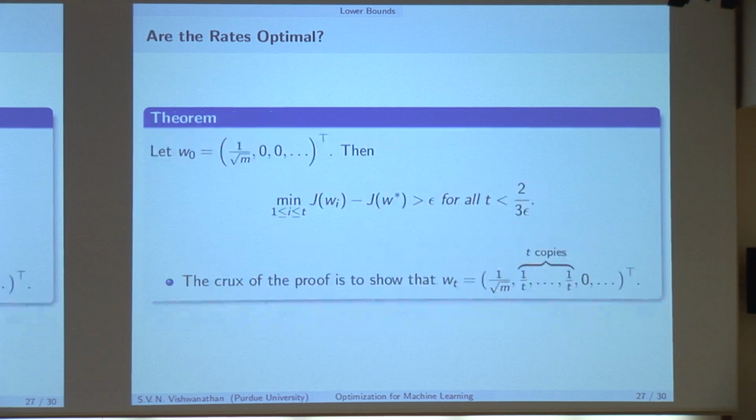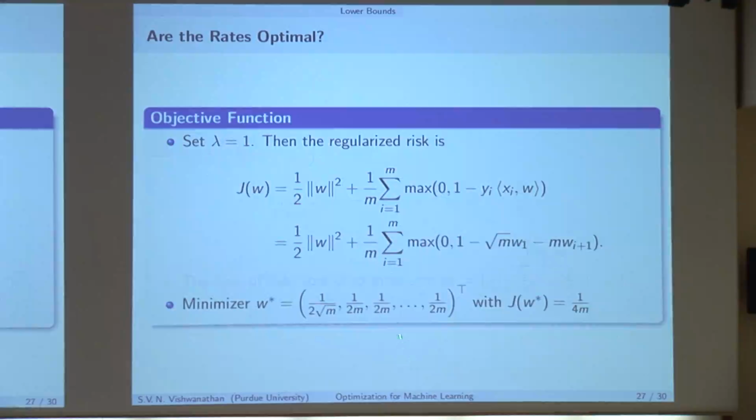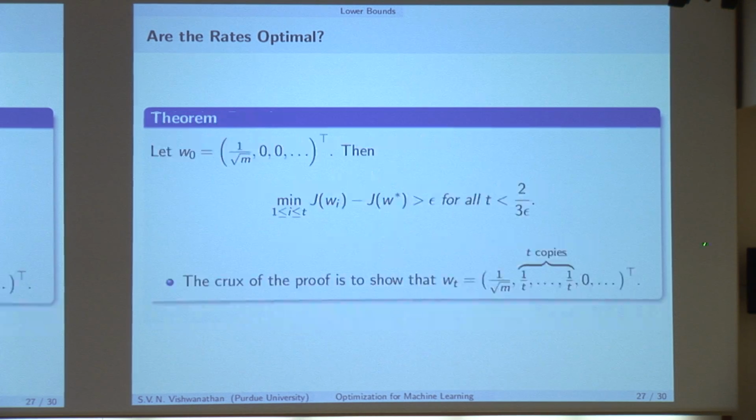But the fun thing is you can show that after t steps of running this BMRM algorithm, the weight vector that you will obtain will only have the first t plus 1 coordinates non-zero. Everything else will be 0. Which means that you are very far away, because all these guys are non-zero in the final solution, but in your tth solution, all of them are 0.